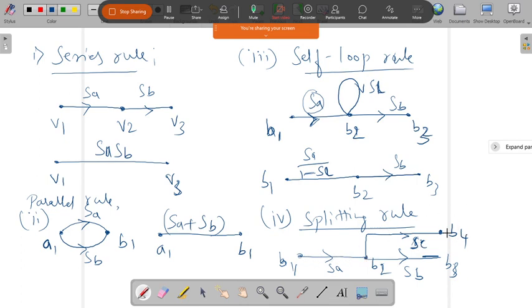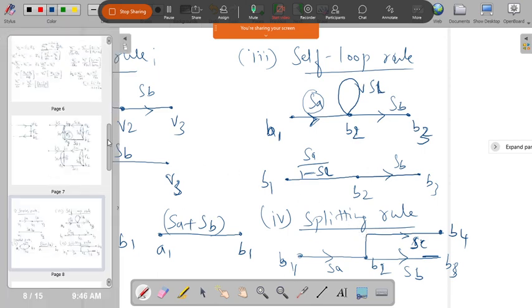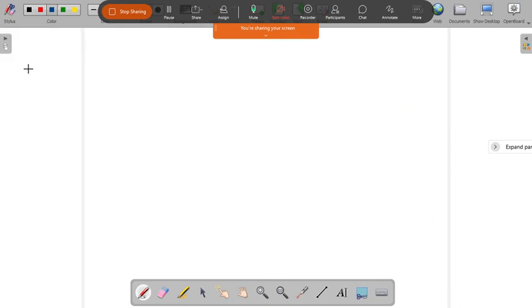Since SA goes to B4 and also to B3 through the B2 node, if I only want to see the signal from B1 to B4 without seeing B2, we can split this signal and create one more node so that we keep the same gain. B1 has SA going to B2, B3 has SB, and SC goes to B4.